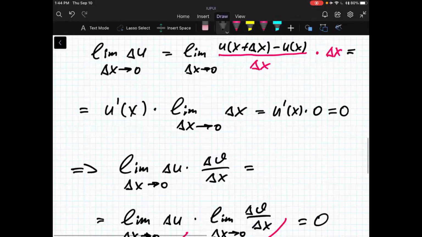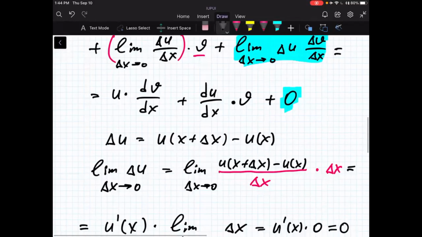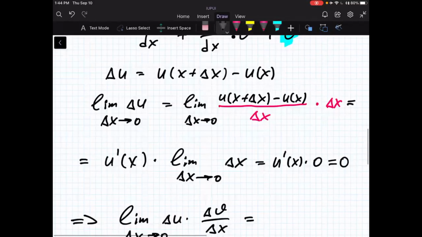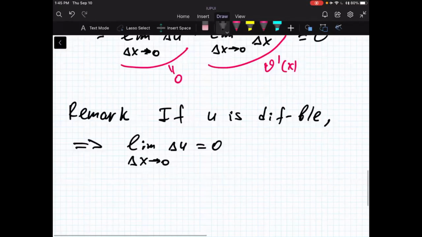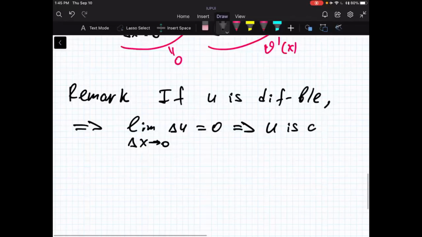That was our first step here. And what does it mean? It means exactly that u is continuous. It's one of the definitions of a continuous function. So that means that if the function is differentiable, then automatically it is continuous.